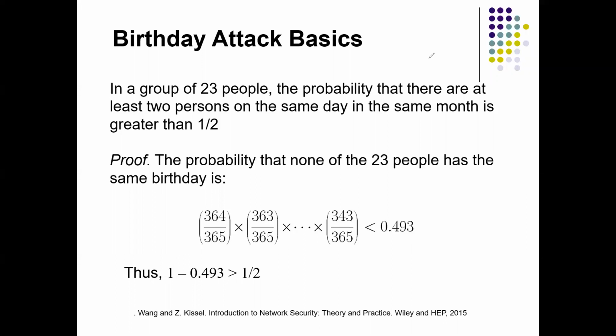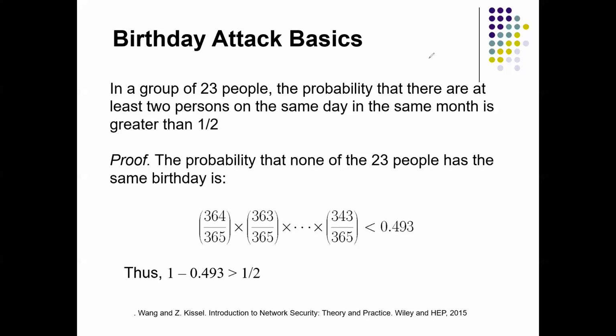for the following reason. So in a group of 23 people, we want to know whether there are at least 2 people in this group who have the same birthday, which means the same day in the same month, but not the same year, just the same day and month.